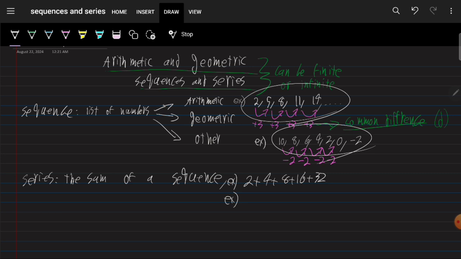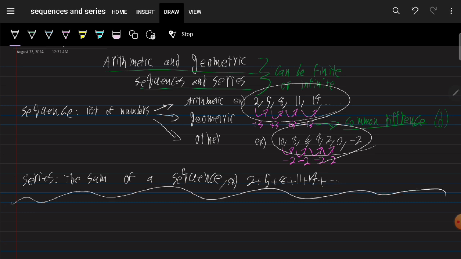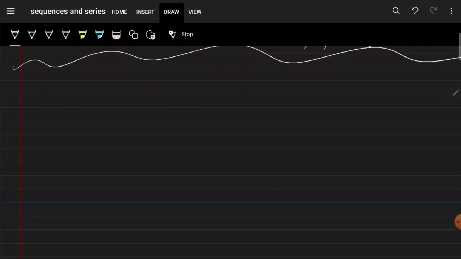So those are the key differences between arithmetic and geometric sequences and series. Today, we're just going to be talking about arithmetic sequences. So I'm going to put this example back here, and we're going to put that aside and only talk about arithmetic sequences.